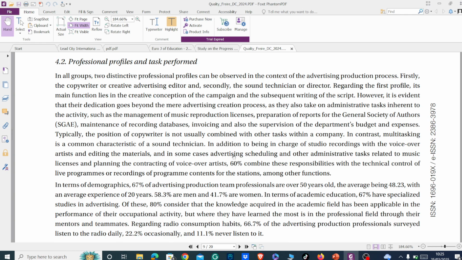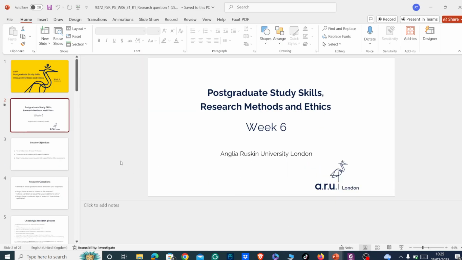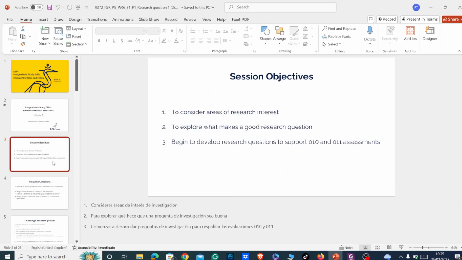what you want to find out. So we're starting with areas of research interest, and pretty much I think all of you have decided what your research area of interest is. It should relate vaguely to your qualification, but actually that's pretty easy if you frame it the right way. So we're going to think about what makes a good question.